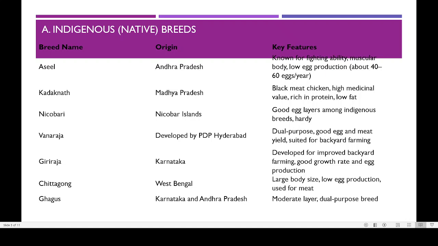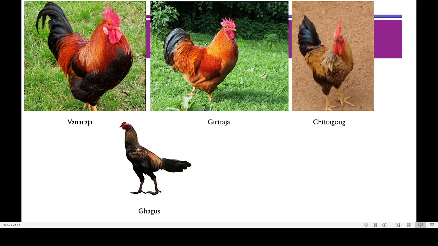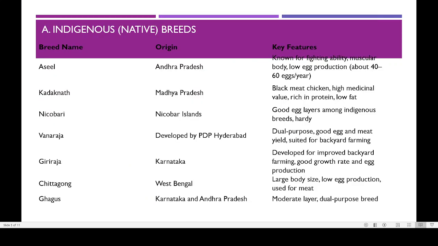It is dual purpose, which means they are good for producing eggs as well as meat, and they are also suited for backyard farming, that is, rearing hens in our house backyard. Here you can see the Vanaraja, a special type of breed developed by PDP.